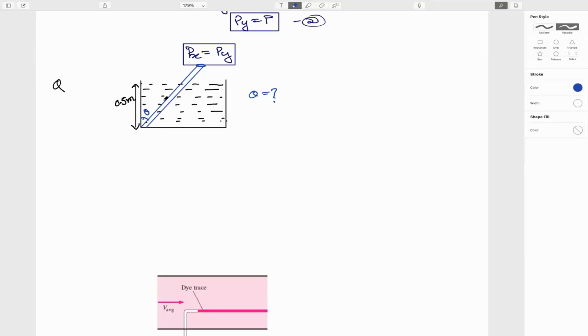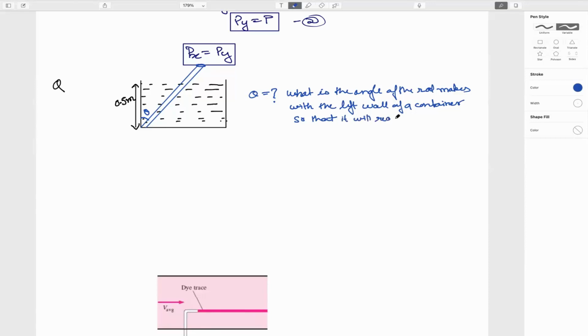So what is the angle the rod makes with the left wall of the container so that it will remain in equilibrium position?